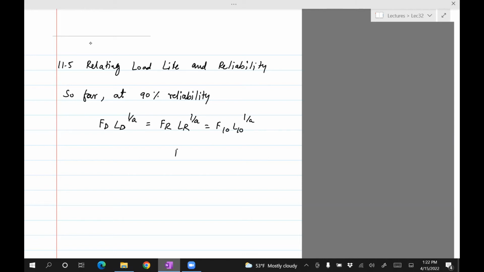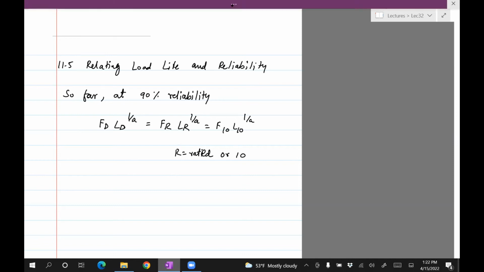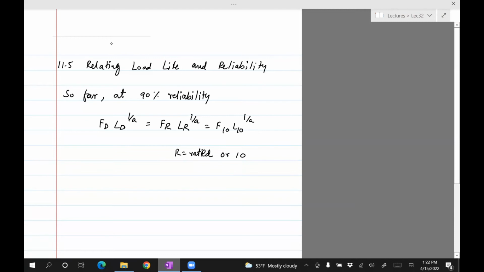So R is the rated, where rated is also the R10, L10, or the F10. So it's really synonymous. So this is something which is available in the catalog, given in the catalog as a spec. So this is the number which you use in order to choose the bearing.